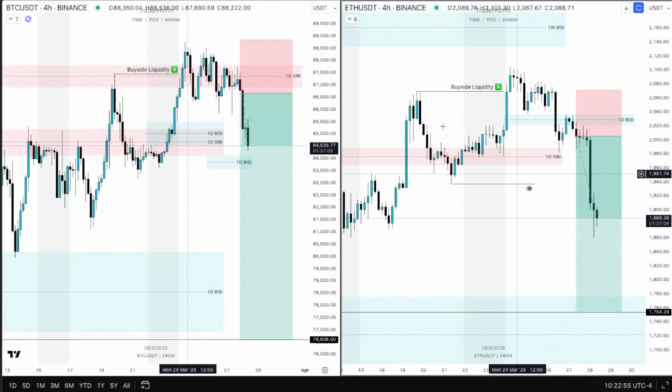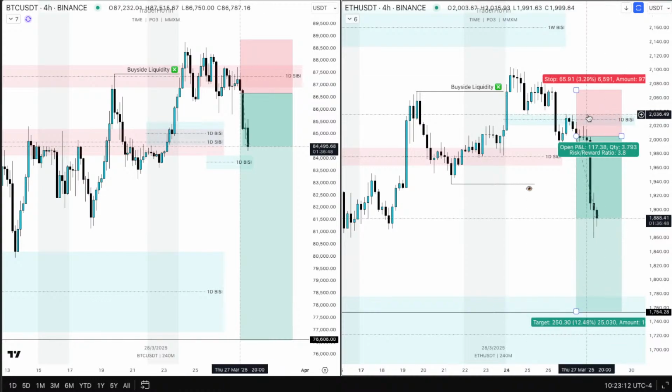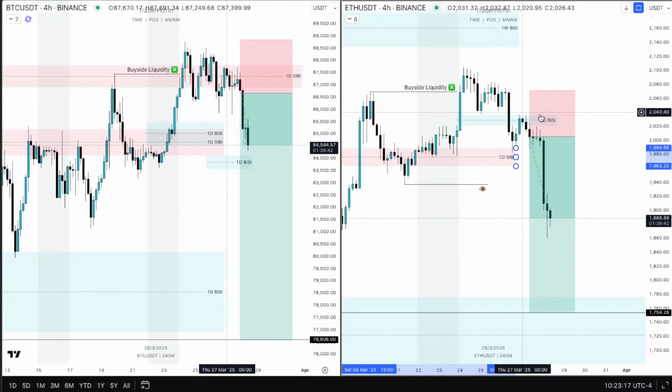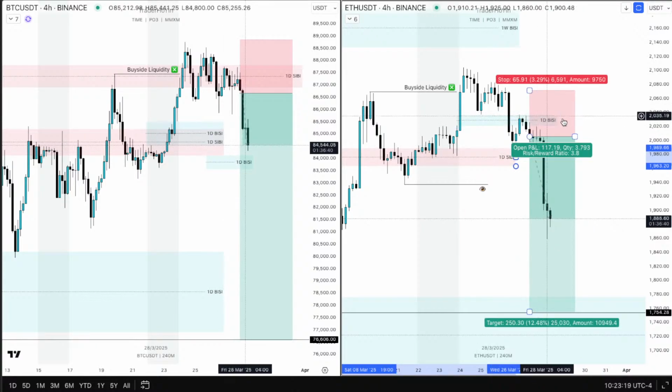See, they took the buy side during the London session on Monday and came back down, forming a BPR here that lines up with the daily BC, and price failed, closing above the daily BC.